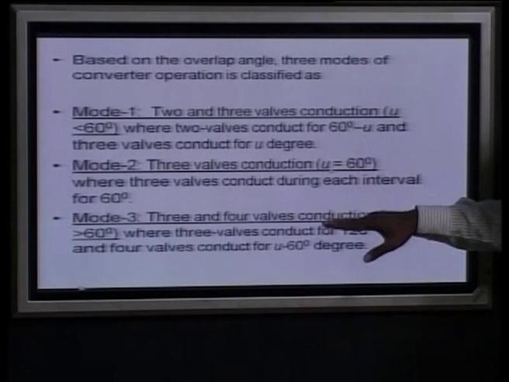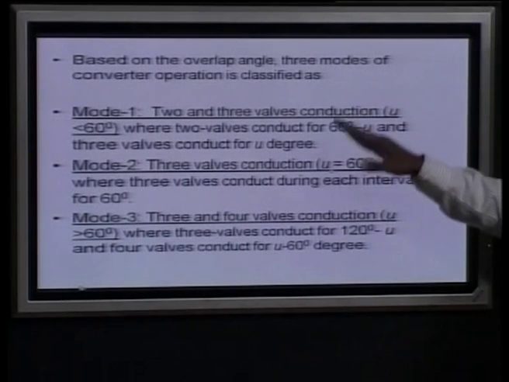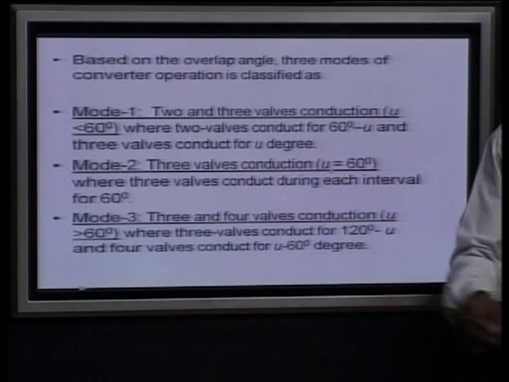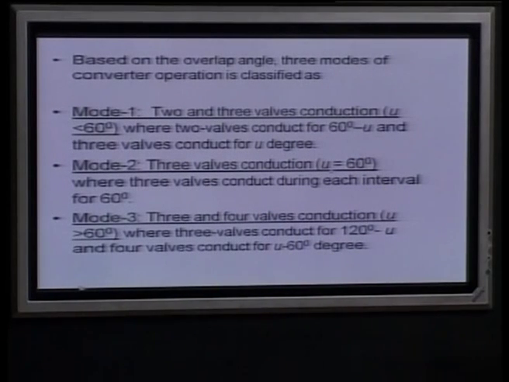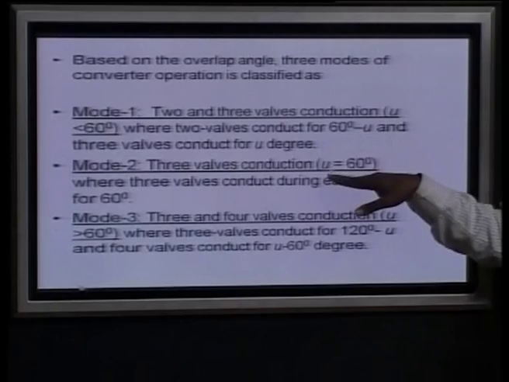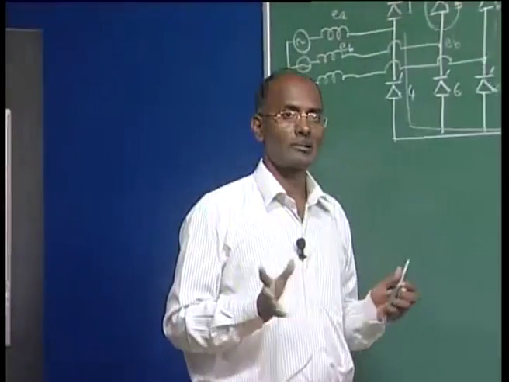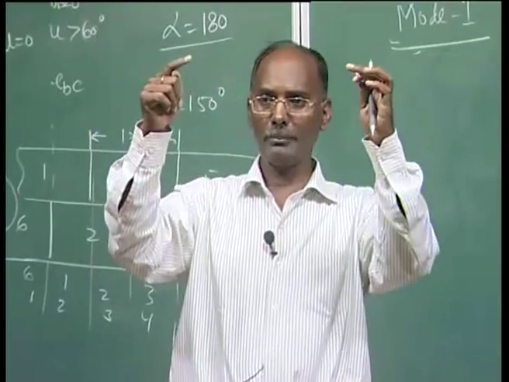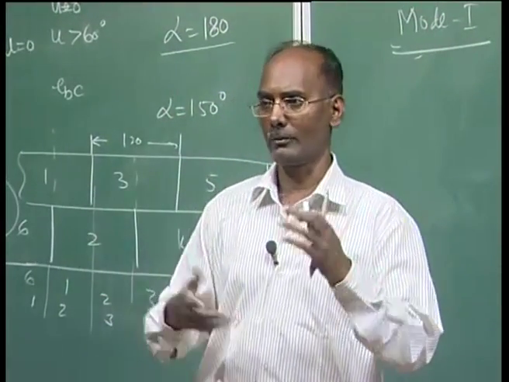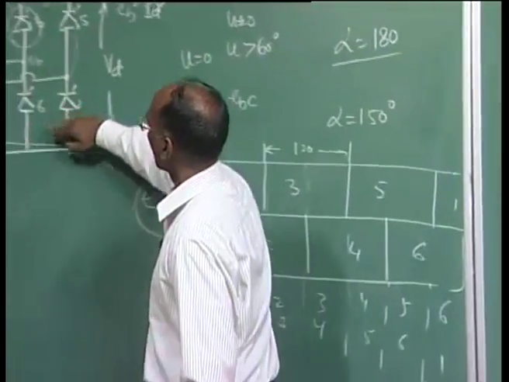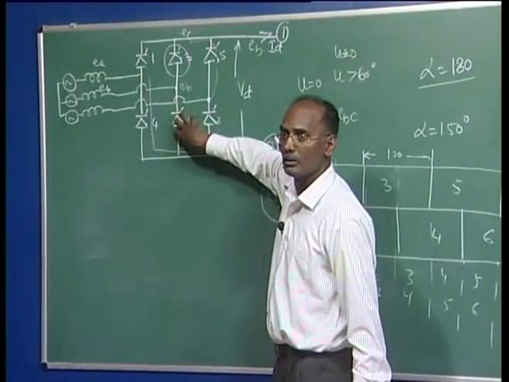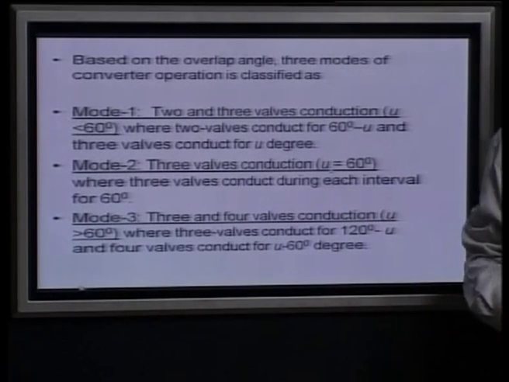Mode 2 is between mode 3 and mode 1, because mode 3 is more than 60 degree and mode 1 is less than 60 degree. So, mode 2 is the case when u is equal to 60 degree. Here, at all times 3 valves are conducting, 2 from one limb and 1 from the other, maybe 2 from lower and 1 from upper, or 2 from upper and 1 from lower. So, all the time in mode 2 the 3 valves will be conducting.